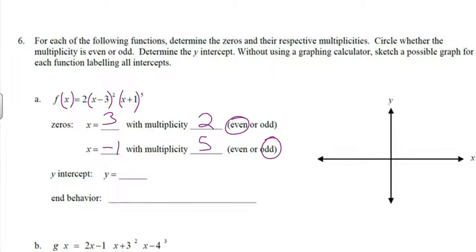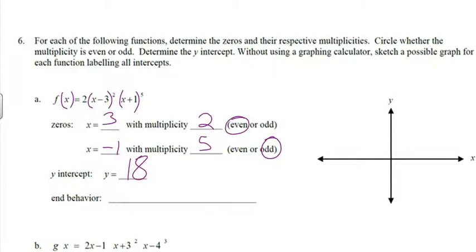Y-intercept is? No idea. 18. How do you get the y-intercept? Make x equal to 0. You stick it in there. 0 minus 3 is -3, squared is 9. 0 plus 1 is 1, fifth is 1. Times 2 is 18. End behavior.